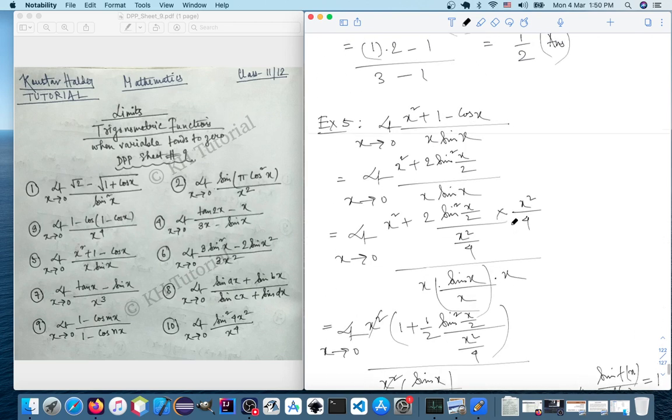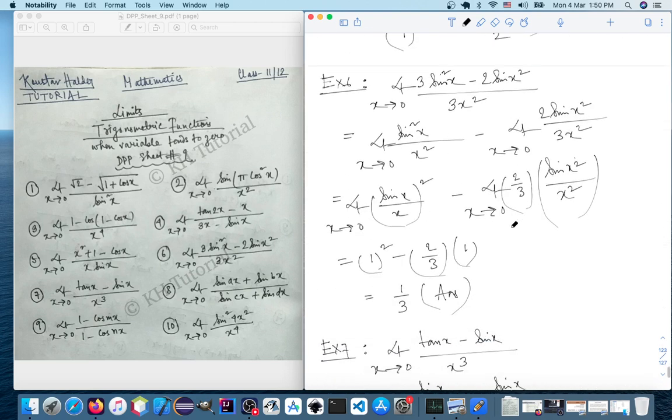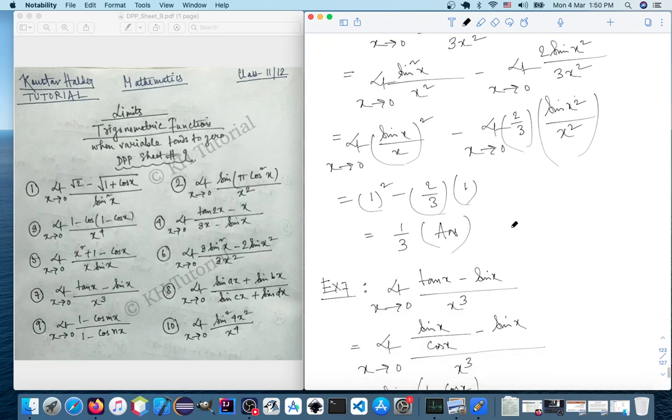It's just that you have to observe the given limiting function and create the standard results like sin x by x and tan x by x or their power and apply the standard results value for them. That was all for the solution.